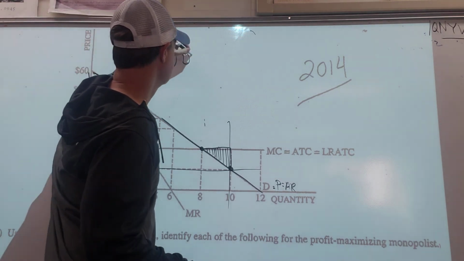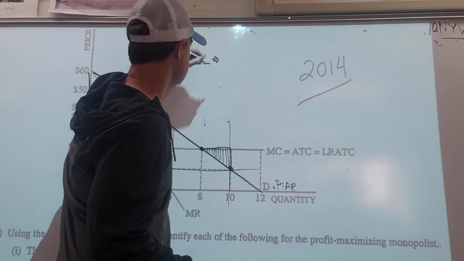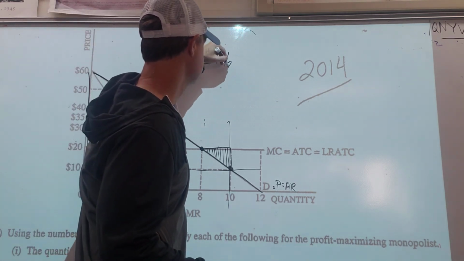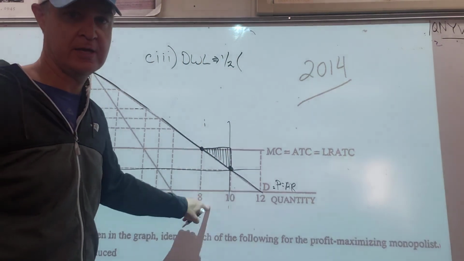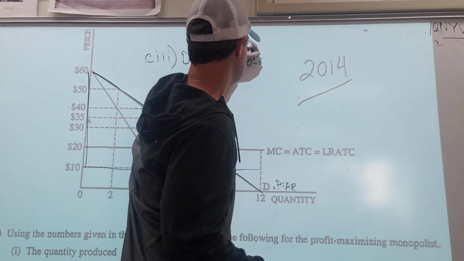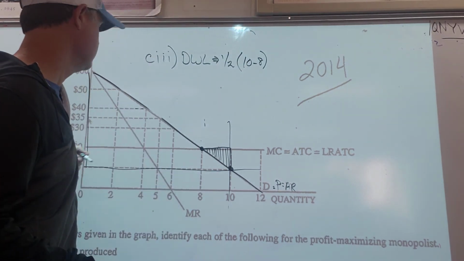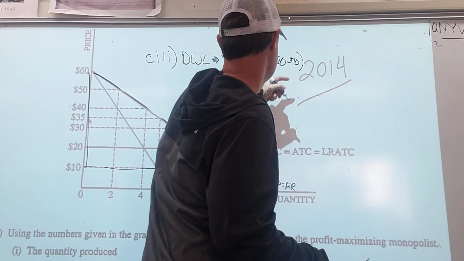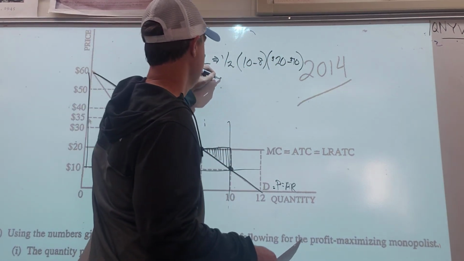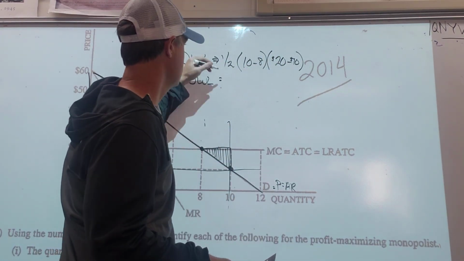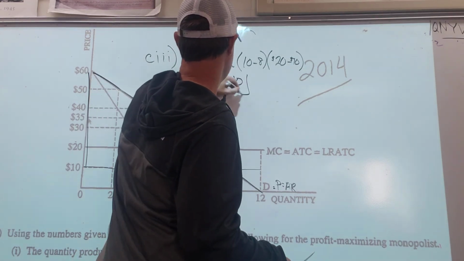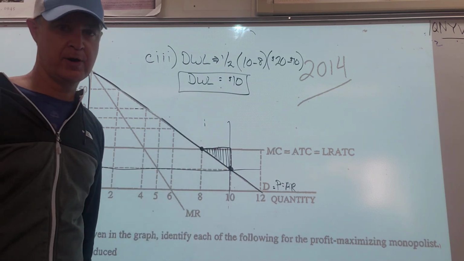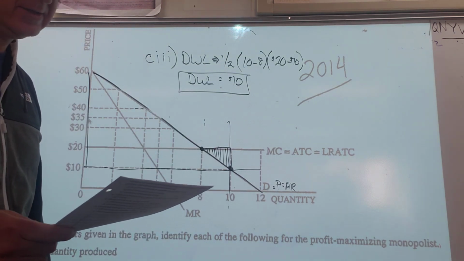So the deadweight loss is due to overproduction, and the deadweight loss equals, again, 1/2 because it's the triangle, 10 minus 8 is the quantity, and the vertical is 20 minus 10, which is a dollar value. 10 times 2 times 1/2. So if my math is right, it should be a deadweight loss of $10. Deadweight loss is always positive, even though it's an overproduction of the good. Deadweight loss is positive.